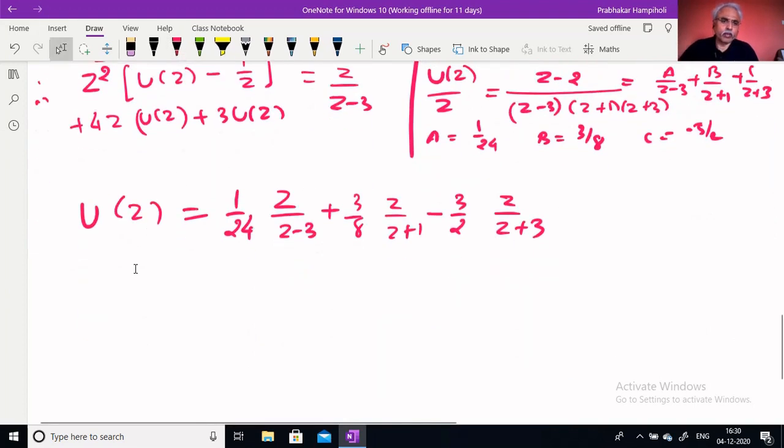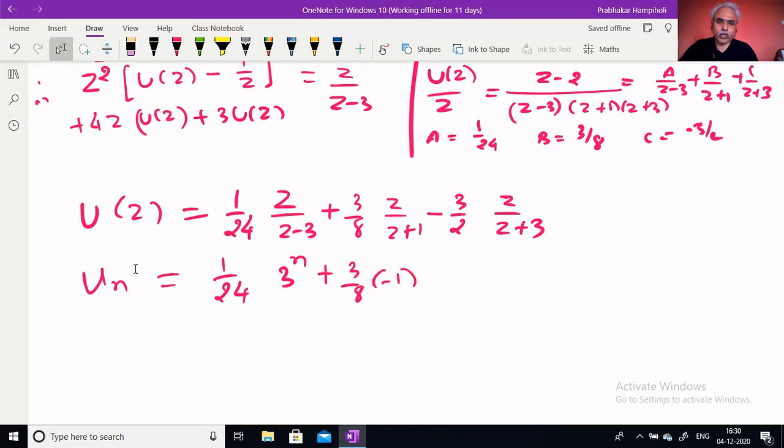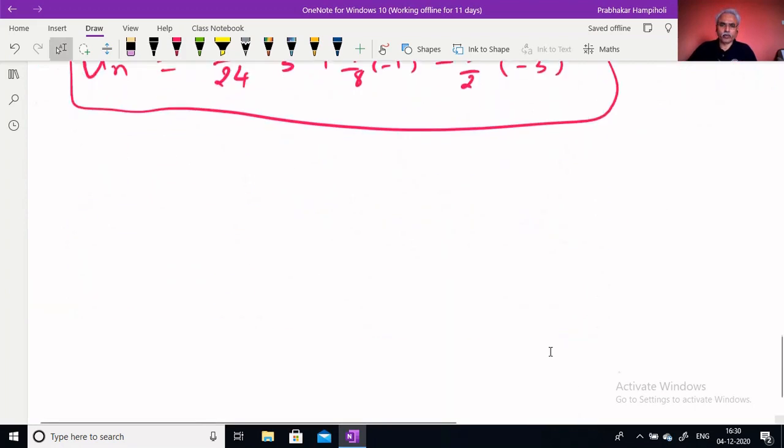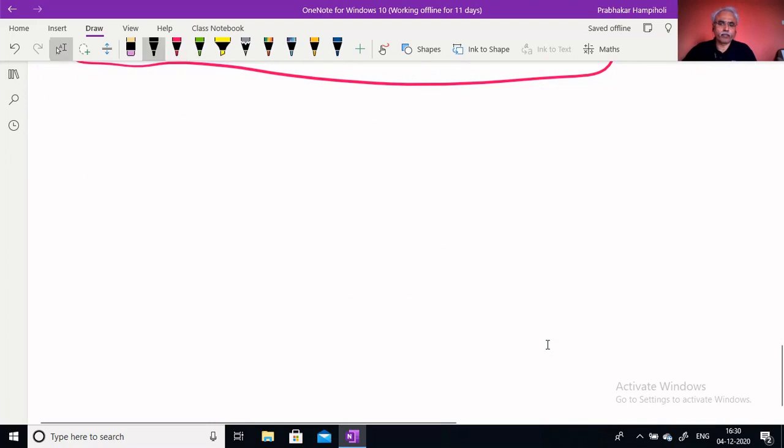So with some liberty, let me write un directly, which is 1 by 24 times 3 raised to n, plus 3 by 8 times minus 1 raised to n, and minus 5 by 2 times minus 3 raised to n. This becomes un. That is the solution of the difference equation. Next example.